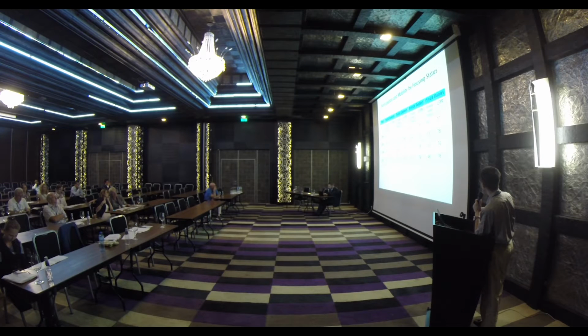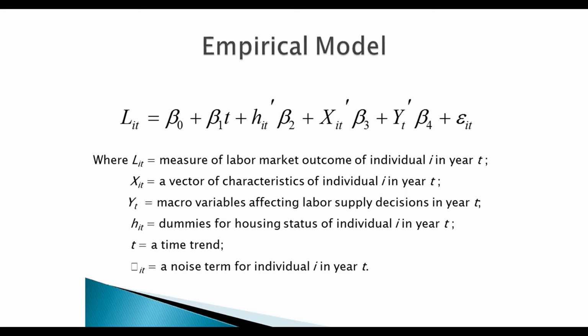Now, the empirical model can be summarized by this very simple reduced form regression equation. On the left-hand side, we have the dependent variable, which is a measure of labor market performance.